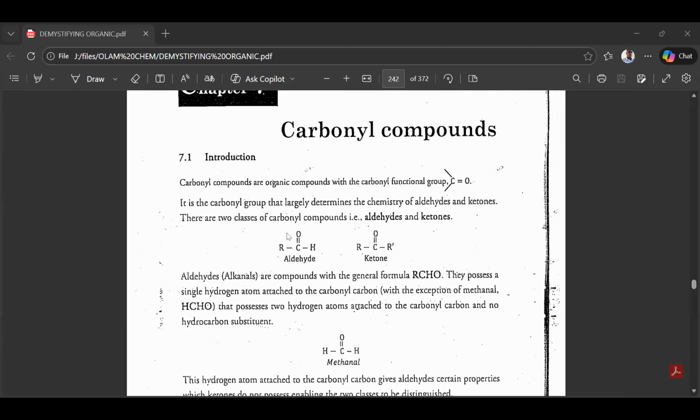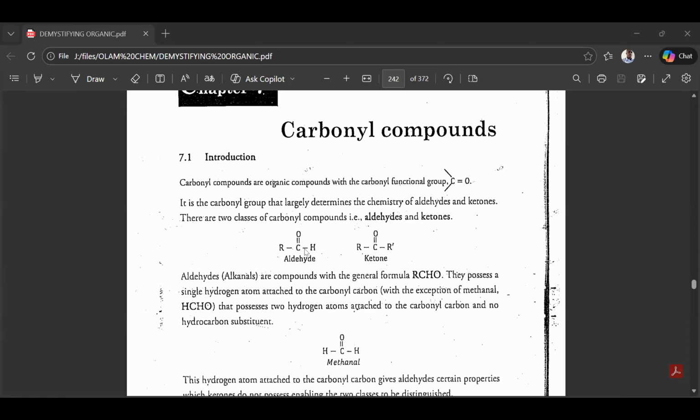Why are we calling the first one an aldehyde? Because when you look at this compound here, which we are calling the aldehyde, it has a hydrogen atom attached to the carbon which is carrying the oxygen atom. In fact, in this compound there is a hydrogen atom attached to a carbonyl carbon.